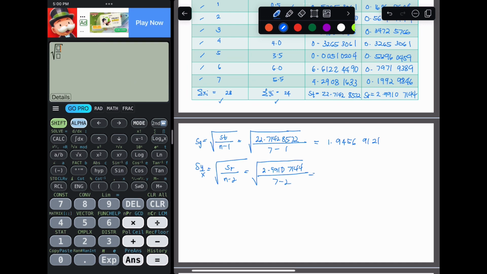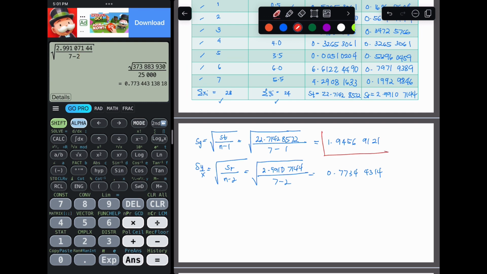So the square root of 2.99107144 divided by 7 minus 2. So we have 0.77344314. So that would be our SY over X.